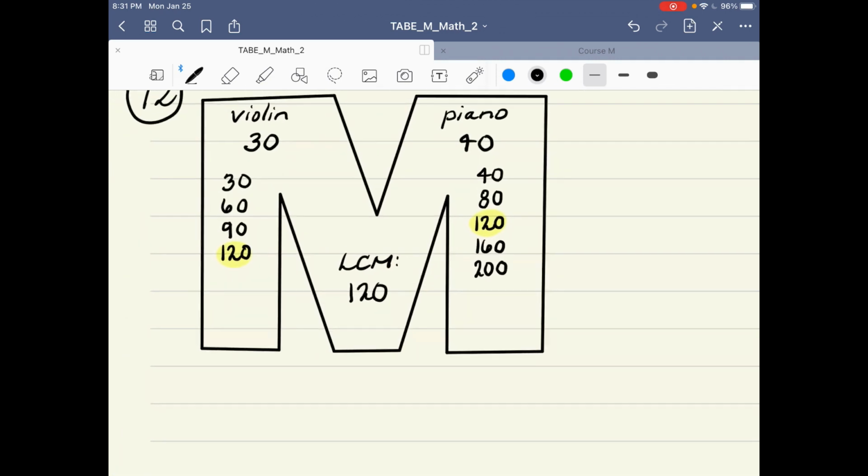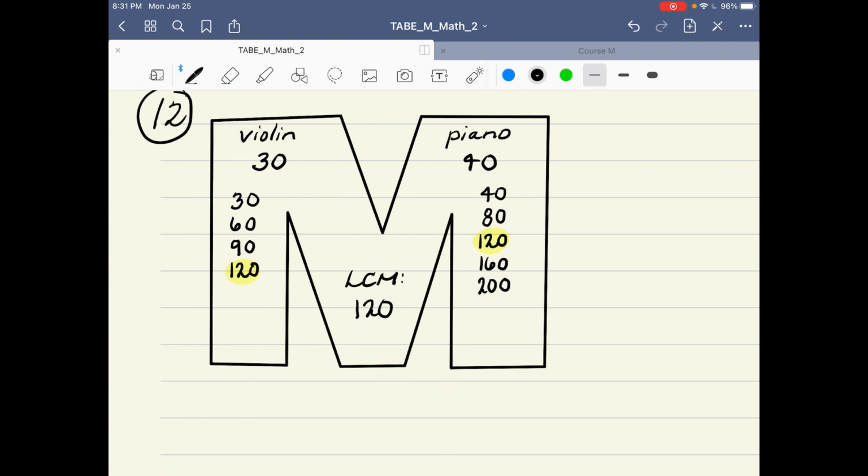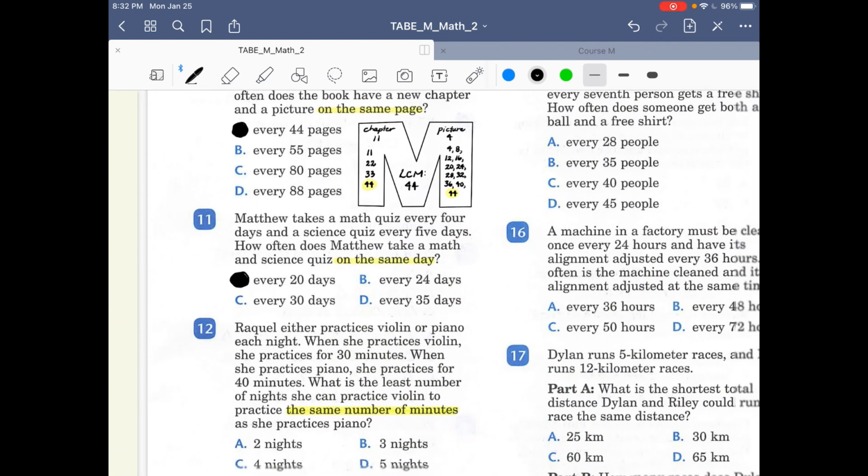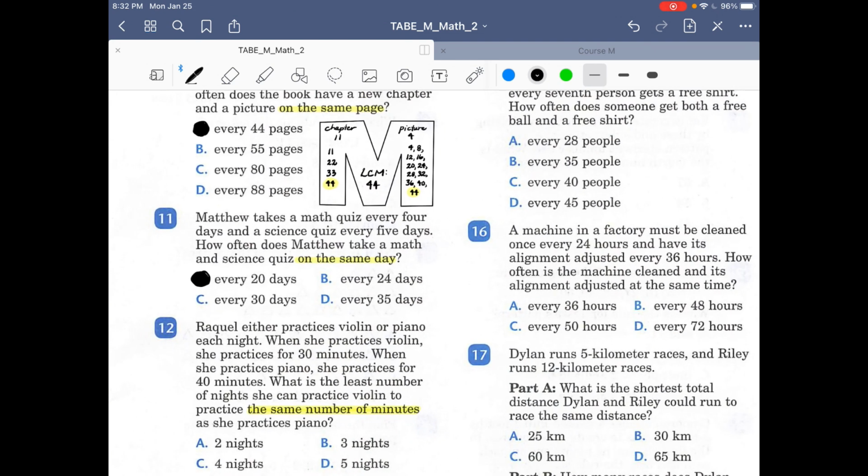So for the violin, she would have to practice 4 times to get to the 120. The piano, she would only have to practice 3 nights to make the 120. So we're looking for the question, what is the least number of nights she can practice the violin?